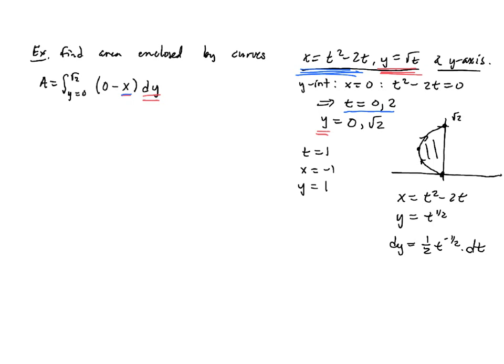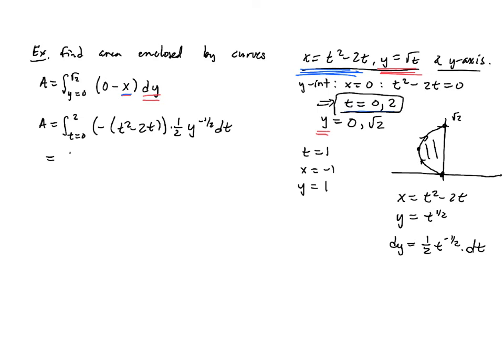My t values that I'm using, remember, are going from 0 to 2, and so when I plug into my area formula, we have the integral t equals 0 to 2 of, now I have to do minus x, so that's going to be minus (t squared minus 2t) times what I got for dy, which is 1/2 t to the minus 1/2 dt.